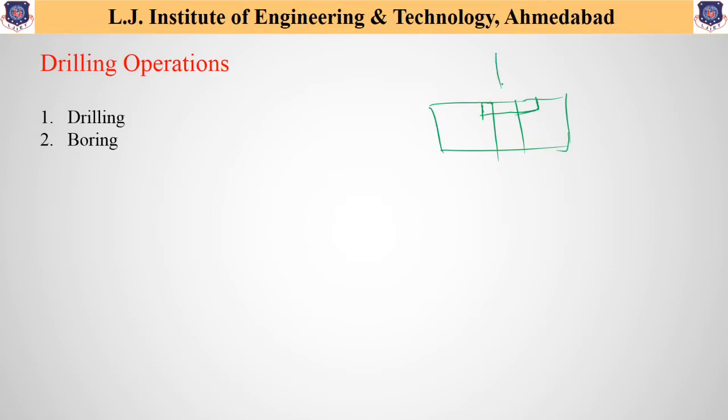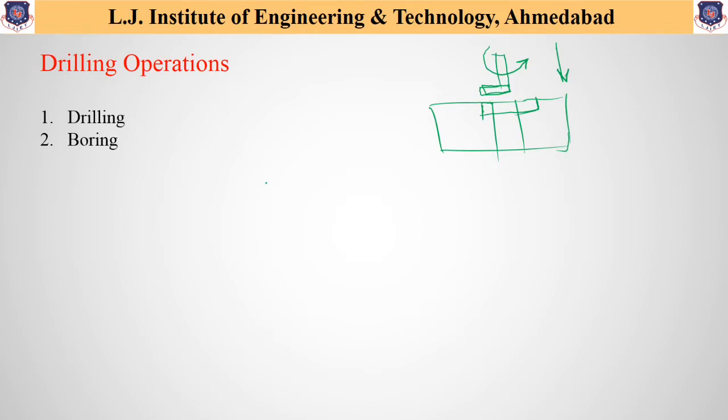On the boring tool, this type of arrangement is available, and this boring tool is attached to the drilling machine, which is rotated about its axis and fed towards the workpiece to obtain the enlarged hole of desired size.